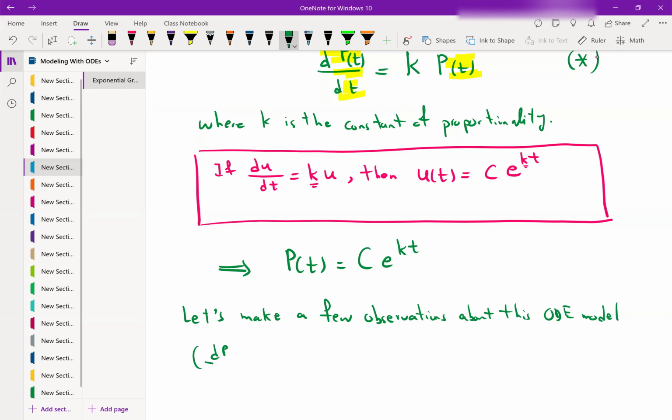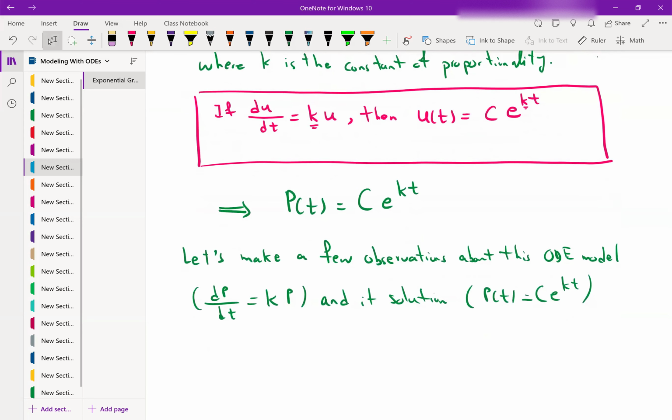This is dP/dt equals kP and its solution, which is P of t equals C e to the kt.